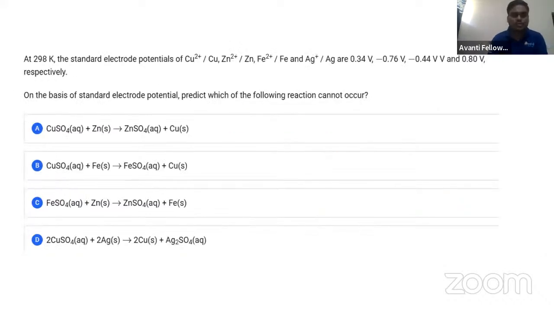They're asking, at 298 Kelvin, the standard electrode potentials of Cu2+ to Cu, Zn2+ to Zn, Fe2+ to Fe, and Ag+ to Ag are given, right? So their values are given. Cu2+ to Cu value is 0.34 volt. Again, Zn, their reduction potential values are given.